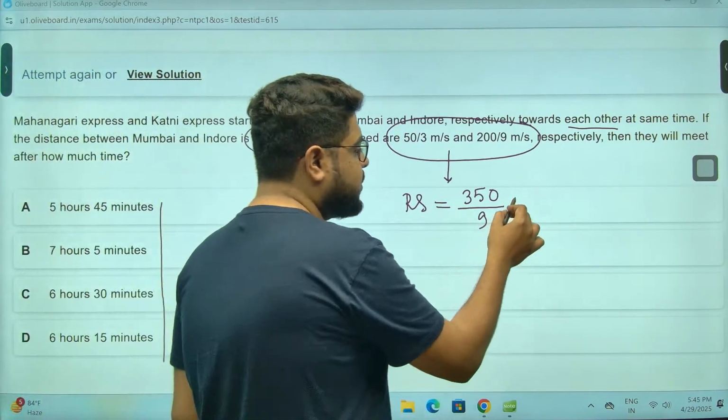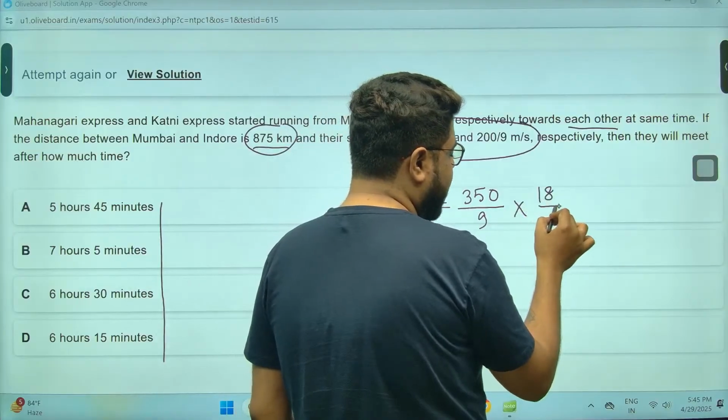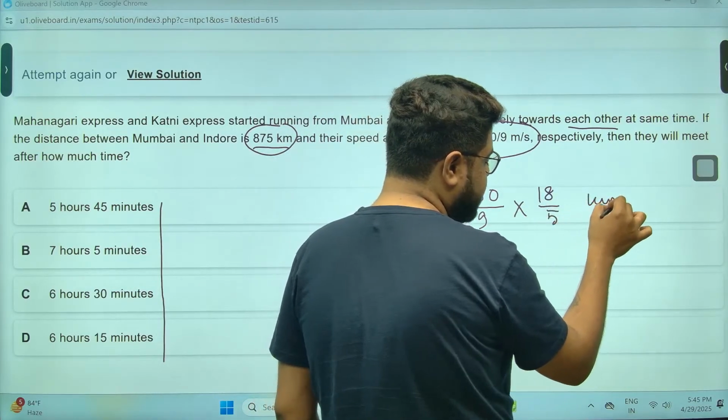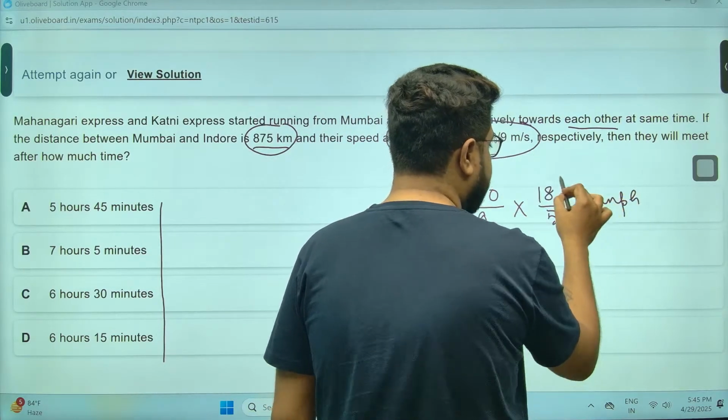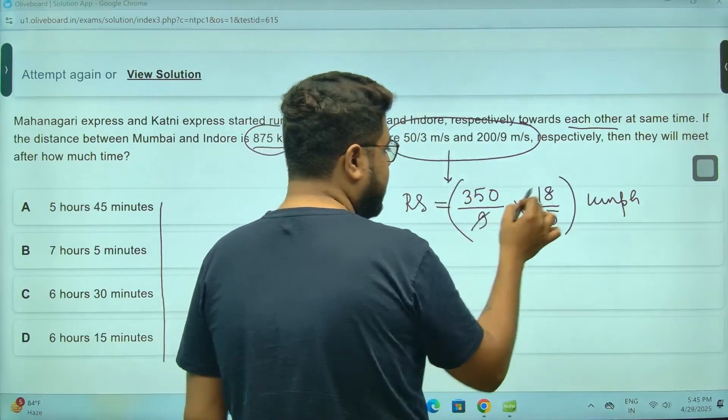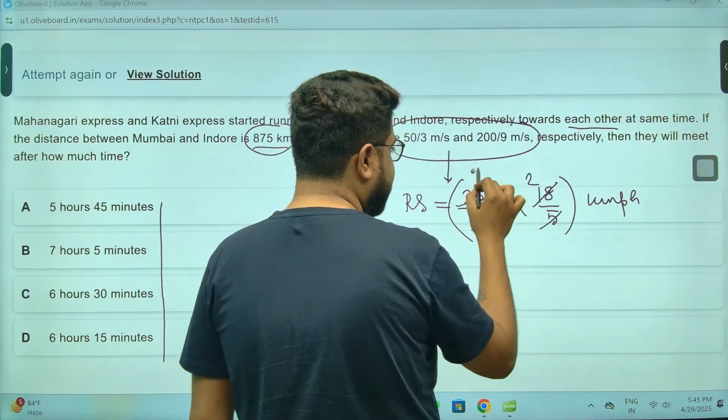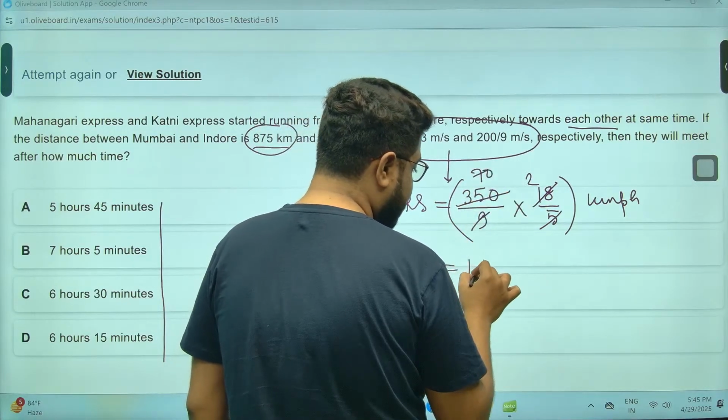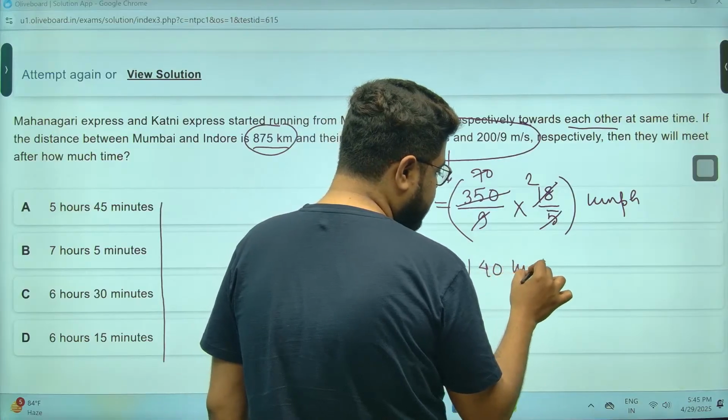Convert it. Multiply by 18 by 5 to get kilometers per hour, because these speeds were given in meters per second. 9 twos are 18, 5 seventies are 350, so 140 kilometers per hour.